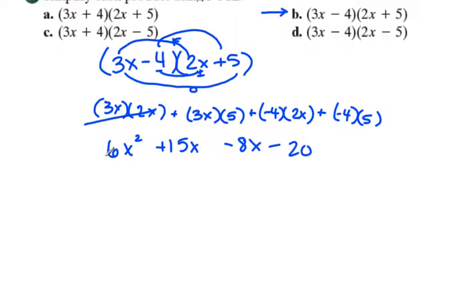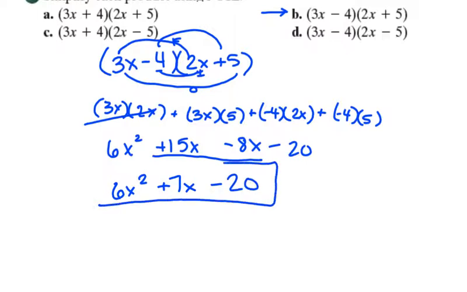Now looking through, we have an x squared term, an x term, an x term. So like terms, and then a constant. So that's going to be 6x squared. 15x minus 8x is 7x, and then we have minus 20. There you go. Easy stuff, all right? Just remember, multiply everything by itself. As long as you're keeping track of that, and the FOIL method is a really nice way to keep track of that, you'll do fine.